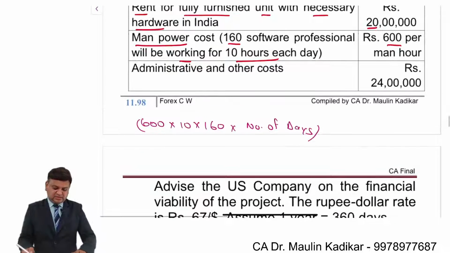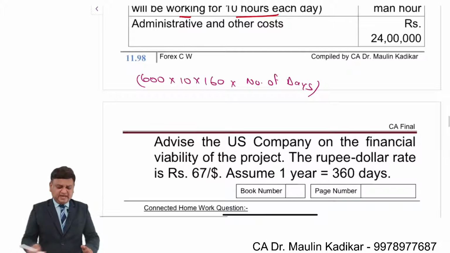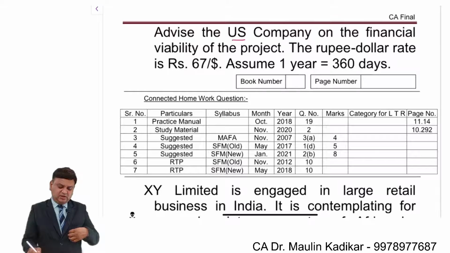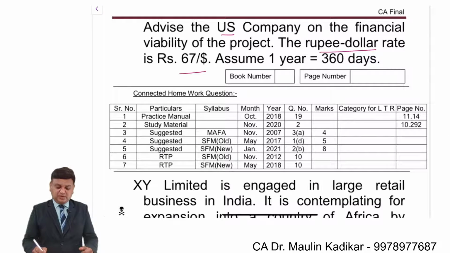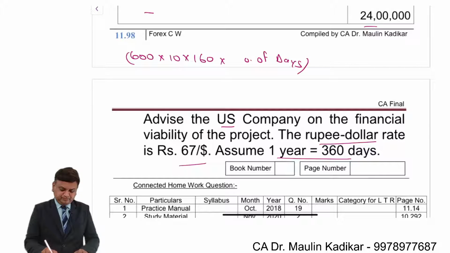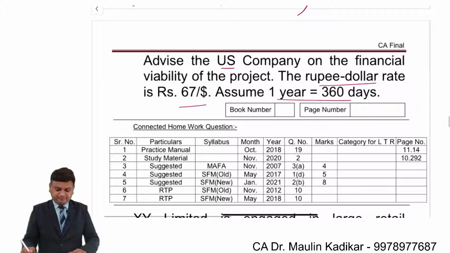This is the total wages. Administration and other cost is 24 lakhs. Advise the United States company on the financial viability of the project. Rupee-dollar rate is 67 rupees per dollar and assume that there are 360 days in a year. So it is into 360, that is what we understand.